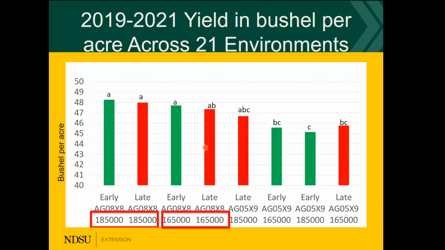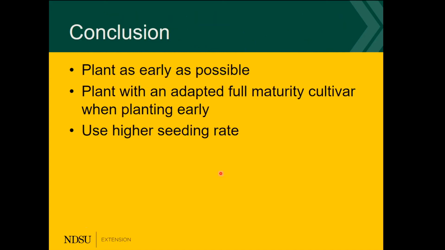Now, looking at the seeding rate, although you did not see a difference if we average across early and late planting, if we just look at early planting, the early planting with higher seeding rate was slightly higher yielding than the lower seeding rate. So if I put the conclusions together for this particular study: plant as early as possible, which will give you a longer growing season.